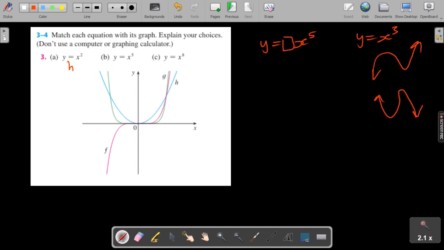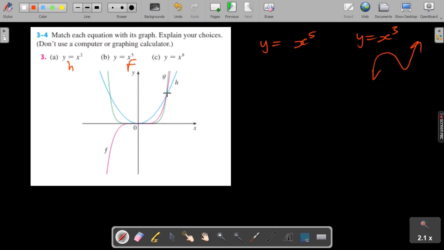In this case, our a, or the coefficient of that power, is positive, so we expect it to look like this. So expect it to point upwards at the end. That is the first thing which we're going to notice there. And if we look at what we have, this is the function that resembles that behavior. This one here. So that is f.